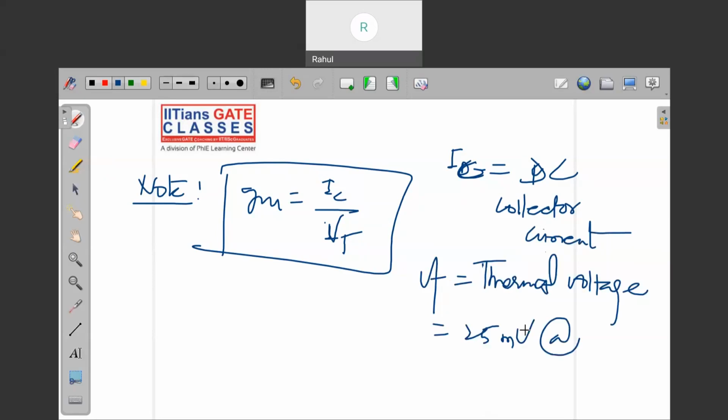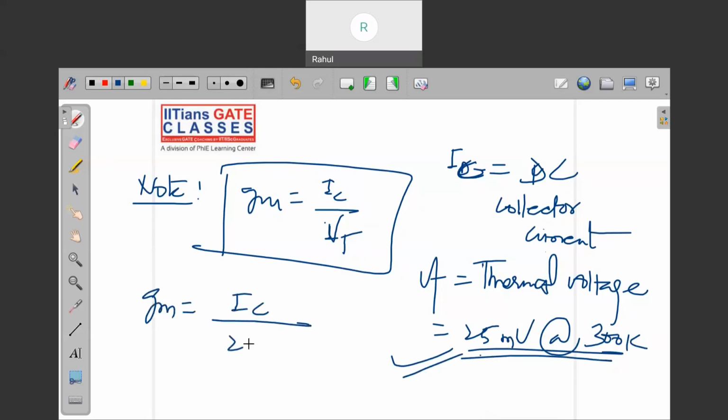In case of devices we take about 26 millivolts, and whenever a question is given you take 25 millivolts by default. So if you plug in gm equal to IC by 25 millivolt, it gives you 40 times IC.